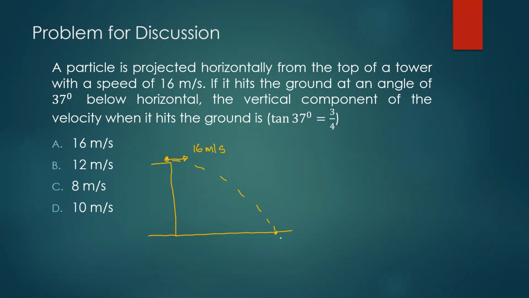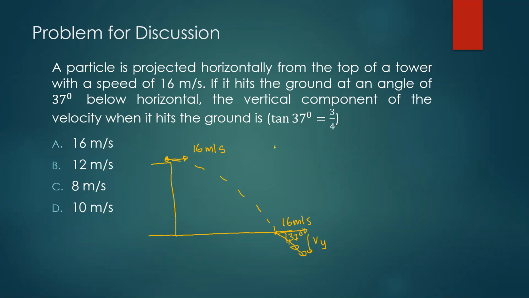So the problem says as it hits the ground, the velocity is making an angle of 37 degrees. If I look at the components of this velocity, the horizontal velocity should remain as it is, 16 meter per second. And then it is gaining vertical velocity. Let's call that Vy.